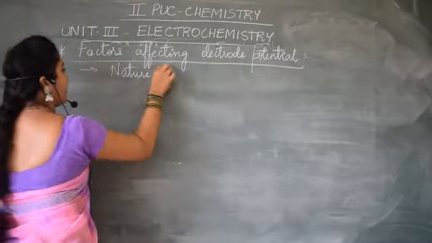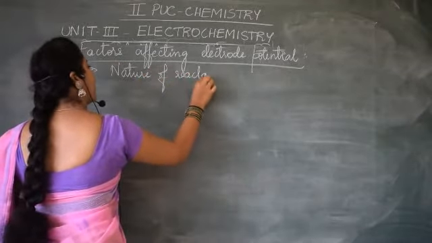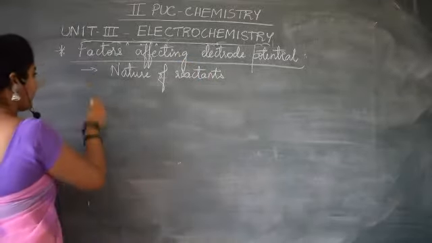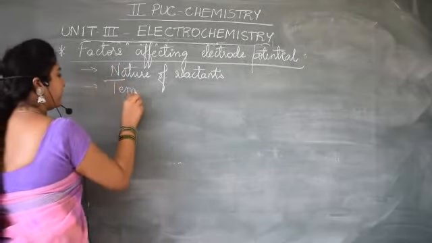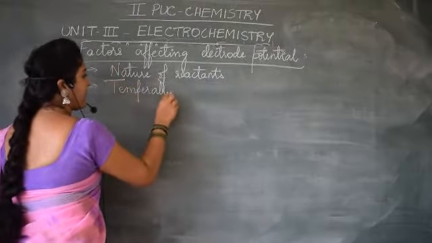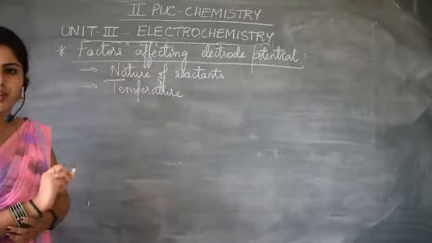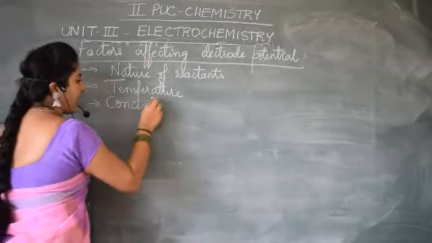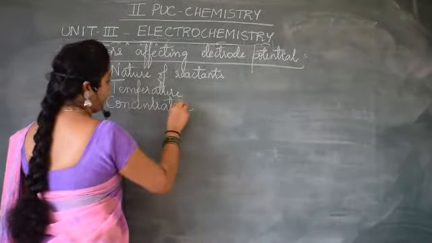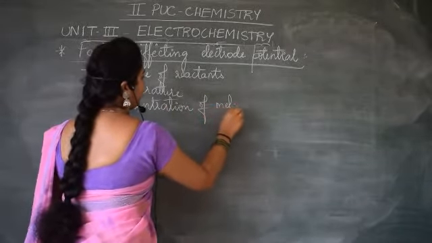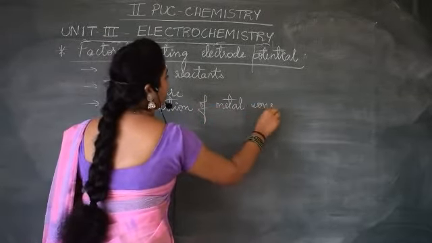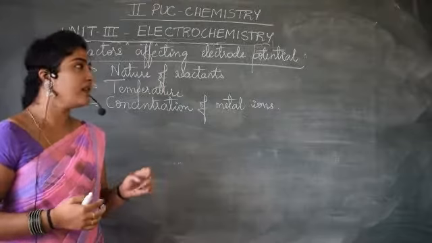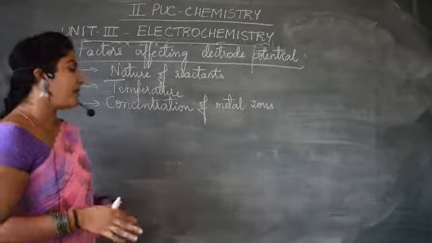What reactants you have taken will play an important role in affecting the electrode potential. One more factor is temperature, which can also affect electrode potential. One more factor is concentration of ions, that is concentration of metal ions. So these are the factors which will be affecting the electrode potential. These points you need to keep in your mind.